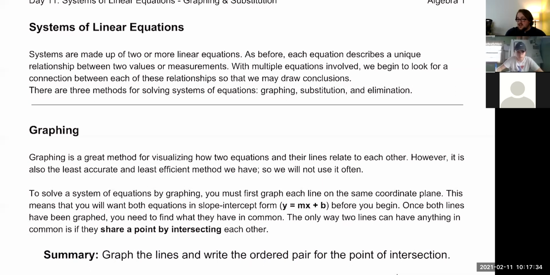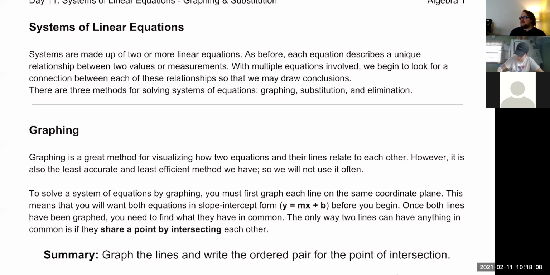Now, to say that one of these methods is better than all the others, it really depends on your personal preference, how the system of equations is given to you, and things like that. I will say typically graphing is the least effective, only because, and we saw this when we started our unit on graphing linear equations, we don't always know if our little window, that is our coordinate plane, we don't know where it's going to fit in the big picture.